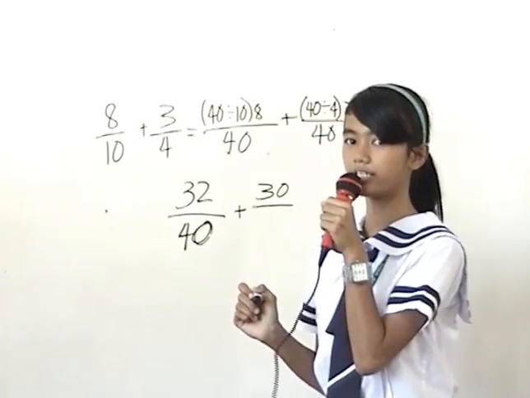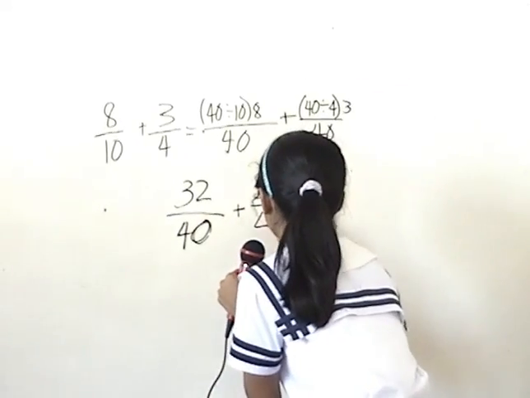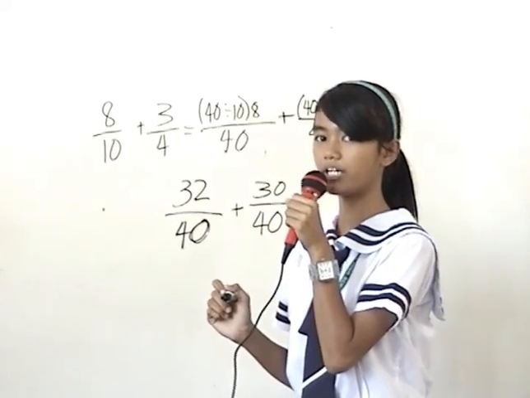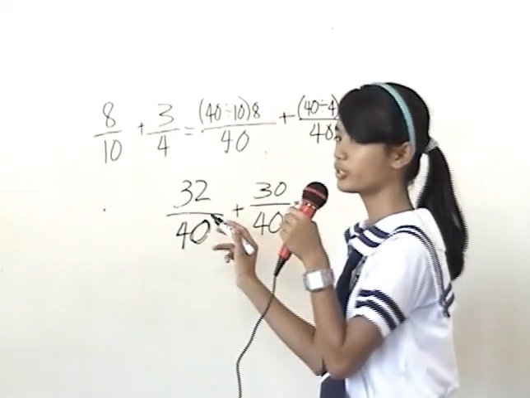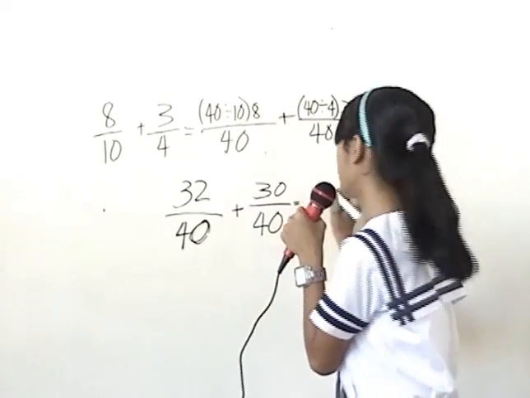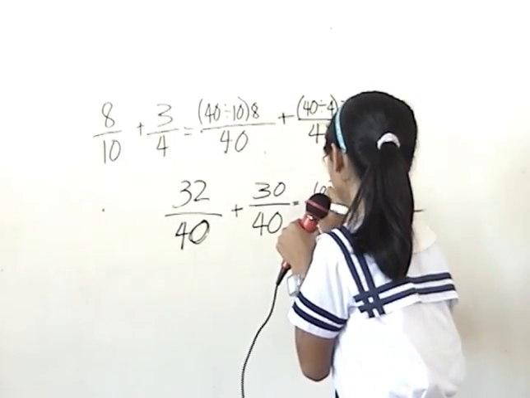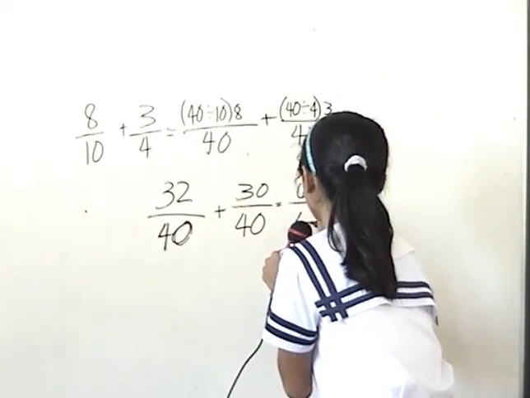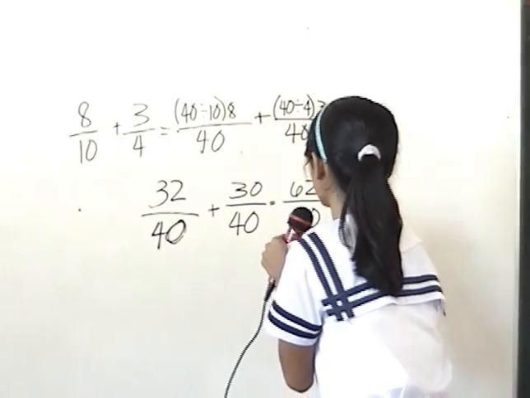And copy also the denominator. Now, we just add the numerators. 32 plus 30 equals 62. And just copy the denominator.